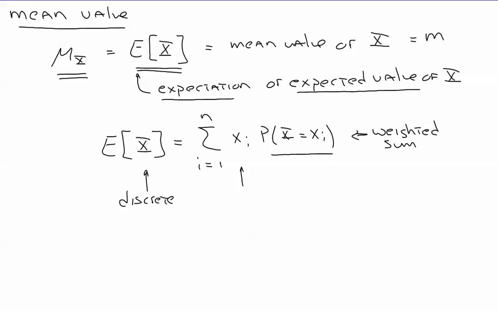All right, let's go back one slide and look at this result a bit more generally. This is the weighted sum average. This is also known as the relative frequency approach. My probability here is actually a relative frequency.